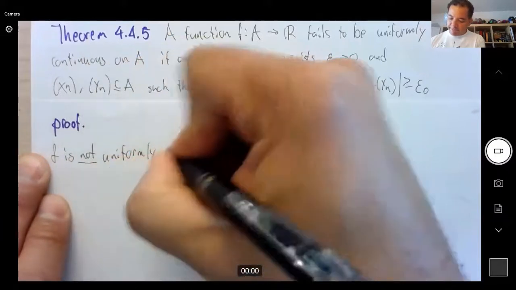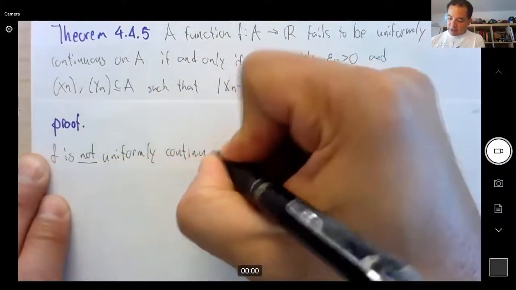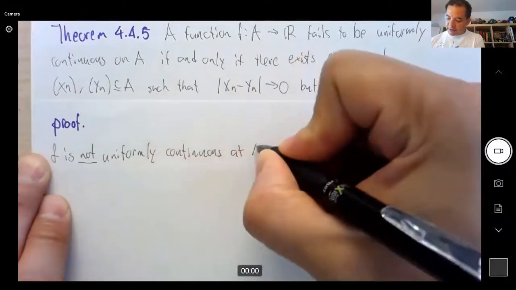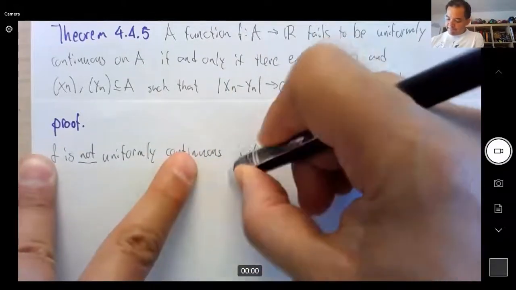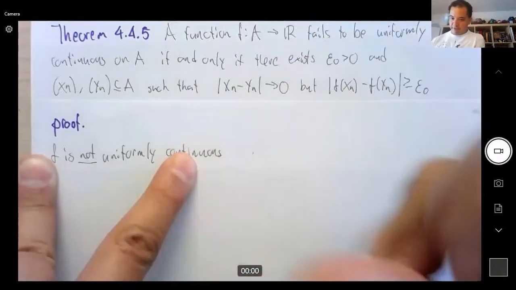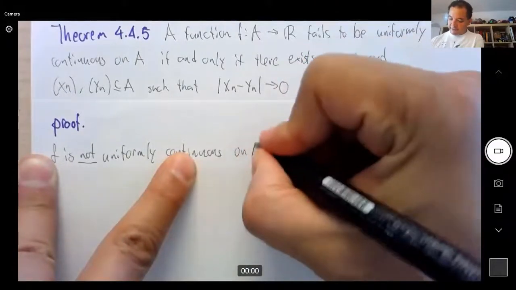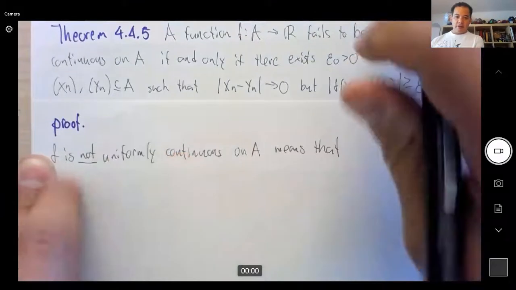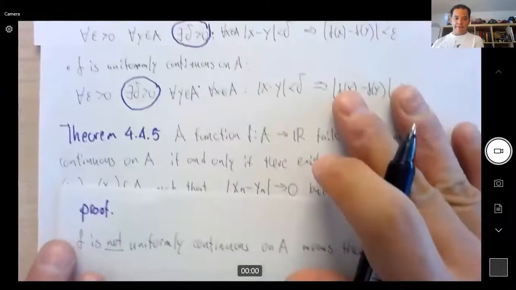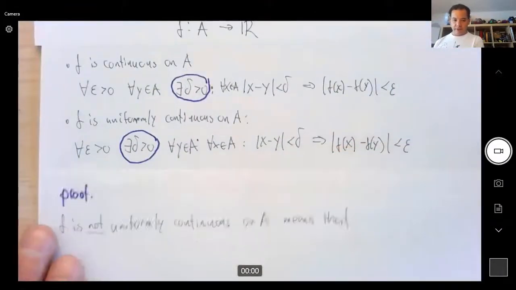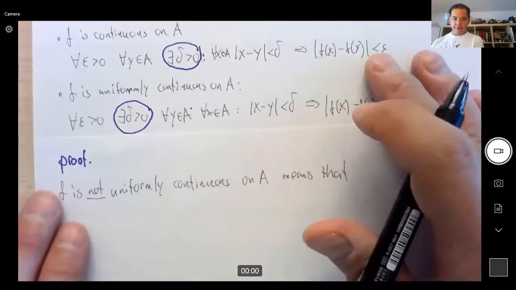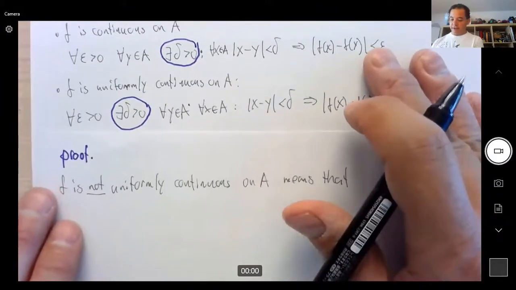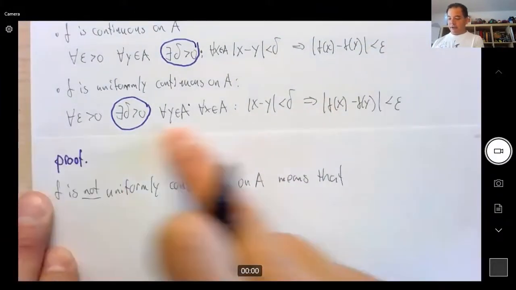So let's write down: f is not uniformly continuous on A means that, well, what does it mean? Let's go back here and just negate the statement, right? What is the negation of this statement?